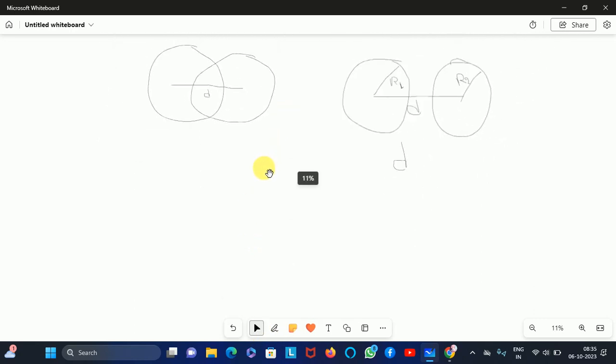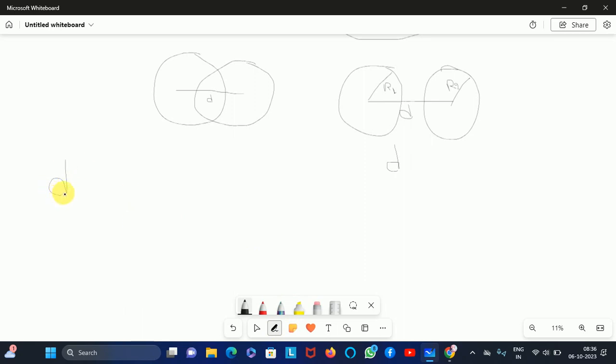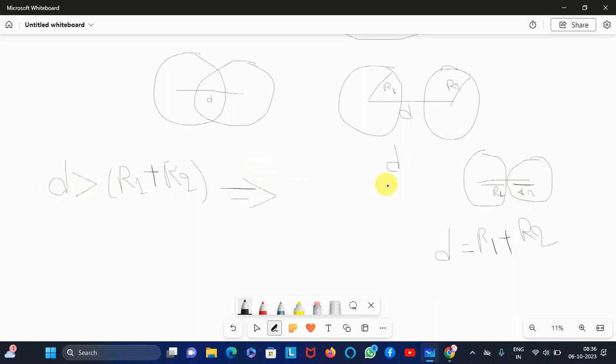So first, if D is far greater than the sum R1 plus R2, in that case the two circles will never intersect each other. If both circles touch each other, when D equals R1 plus R2, they touch. But if D is greater than R1 plus R2, the circles never intersect, so the common intersection area will be 0. This is the first condition.